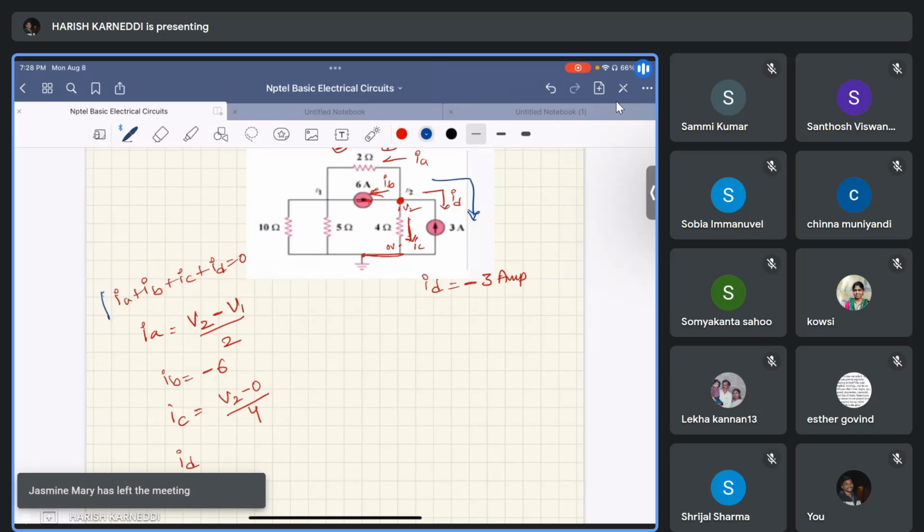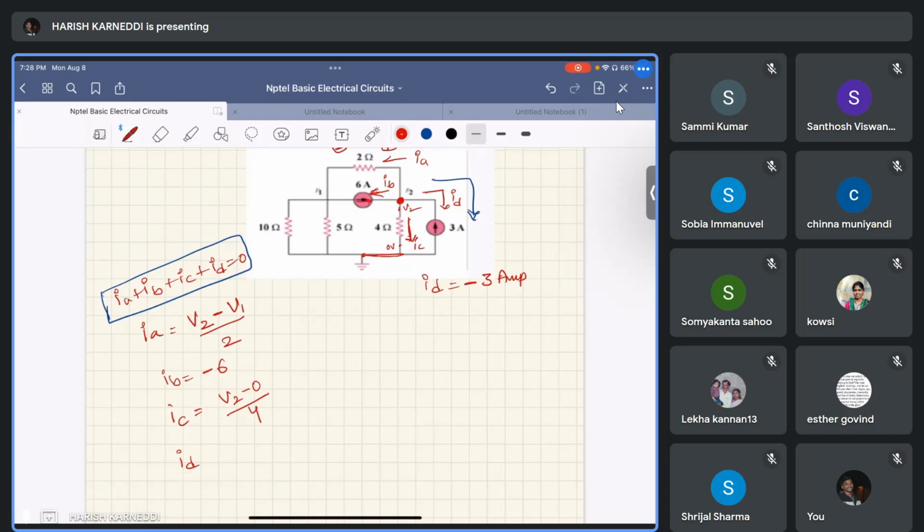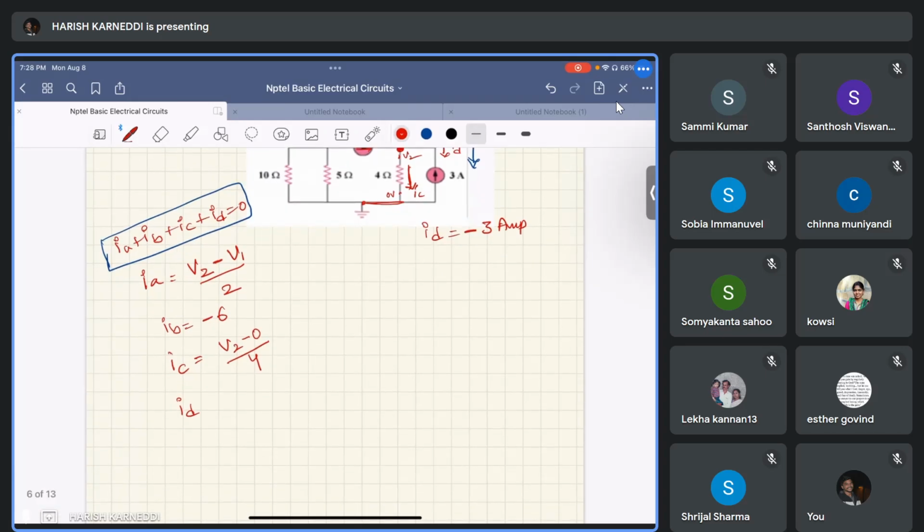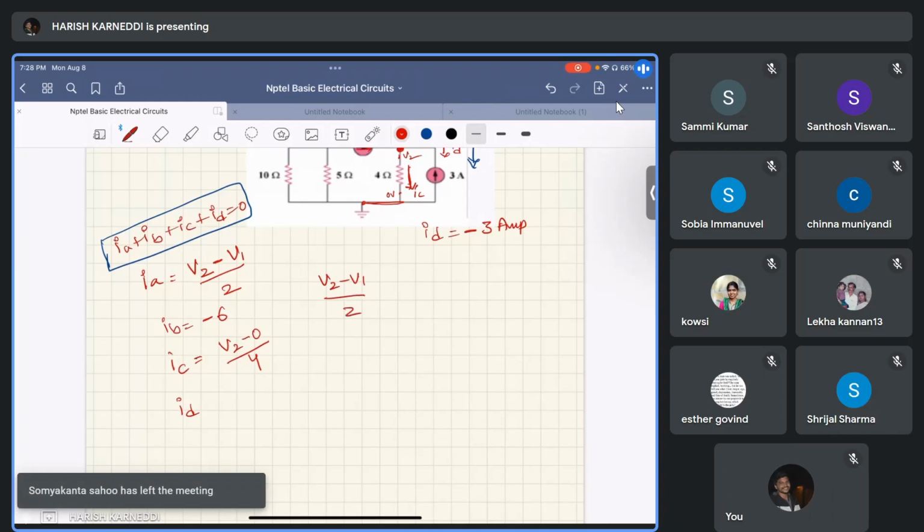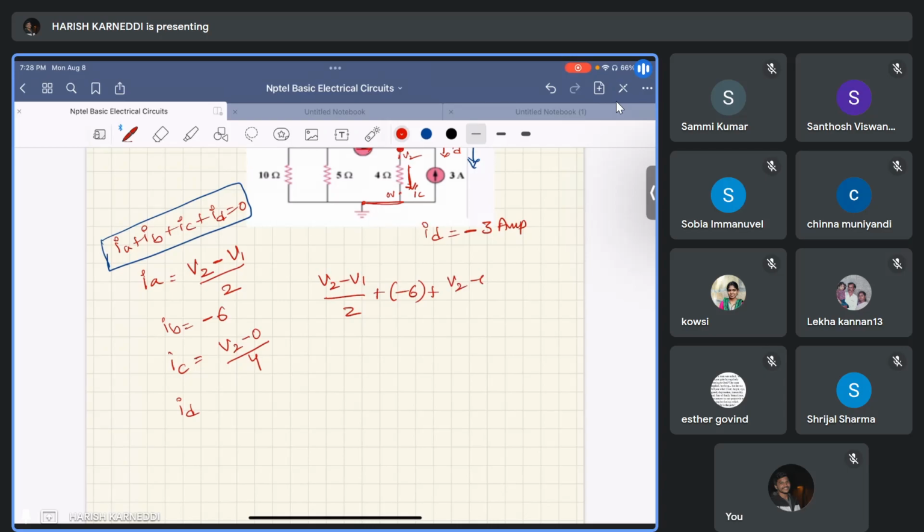Okay, from this KCL, how can we write it? IA, that is (V2 minus V1) by 2, plus IB, minus 6, right? Plus IC, that is (V2 minus 0) by 4, plus ID equal to minus 3, right? Equal to 0.